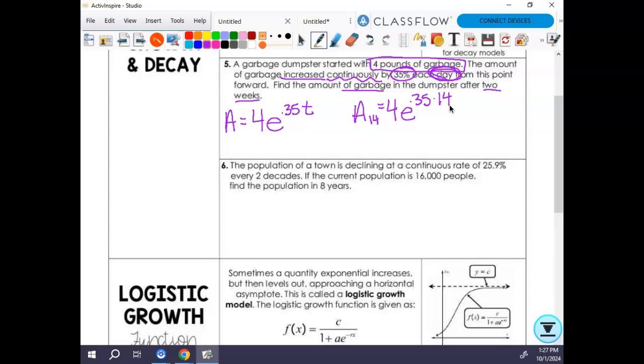And go ahead and type that in. And we should get 537.159 pounds.